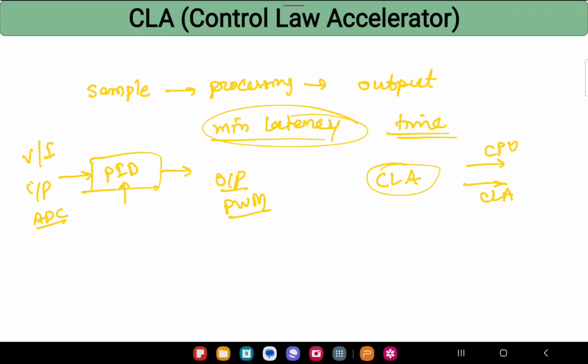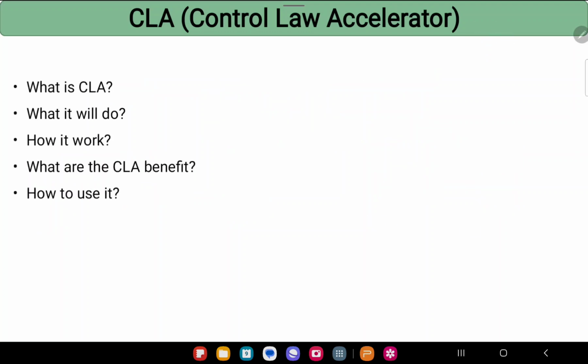Therefore, Texas Instruments developed the control law accelerators. Okay, so what is CLA, what does it do, how does it work, what are the CLA benefits, and how can we use it?